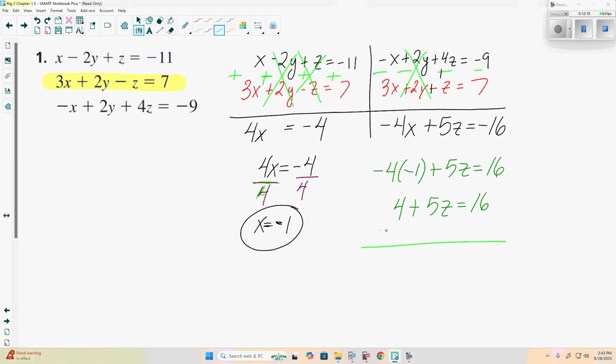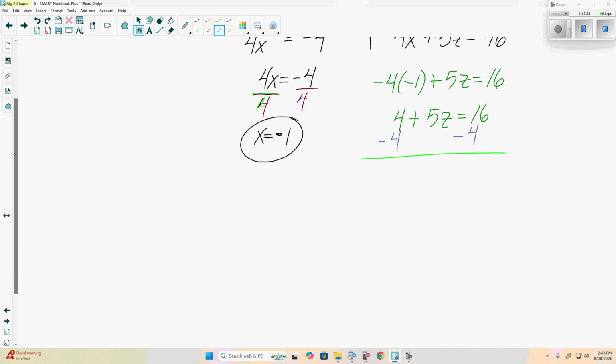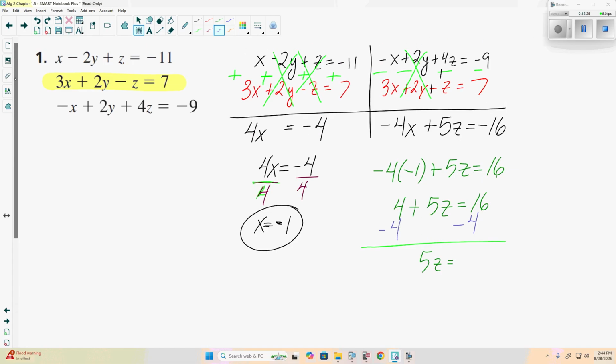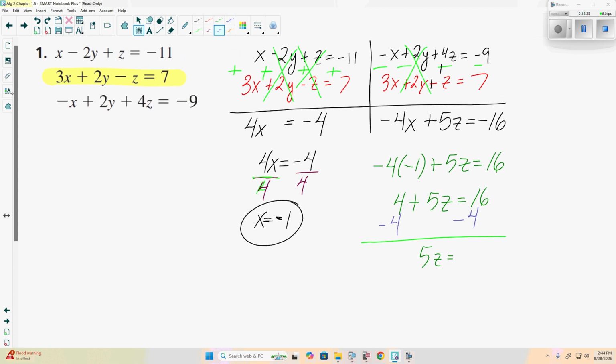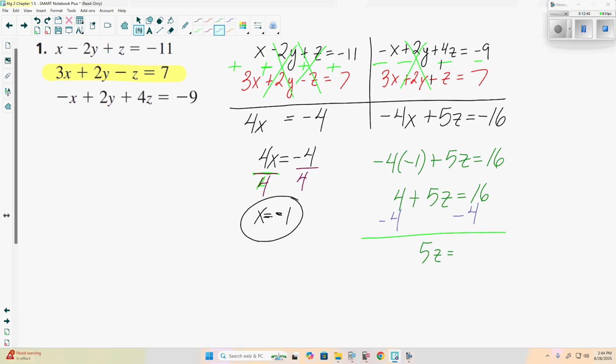At this point here, we can minus 4 from both sides. Scroll down. Telling us that 5z is equal to, make sure. Yep. That doesn't seem right. Yes.